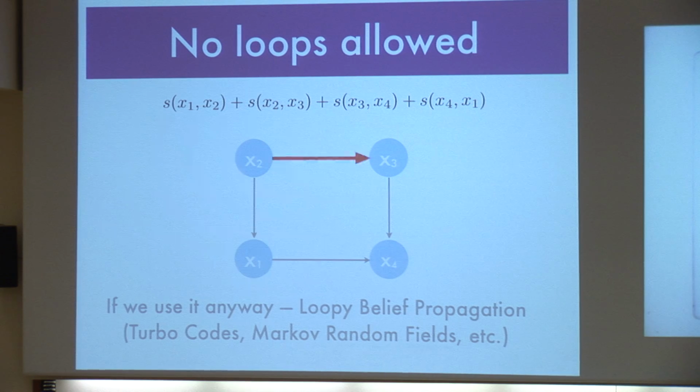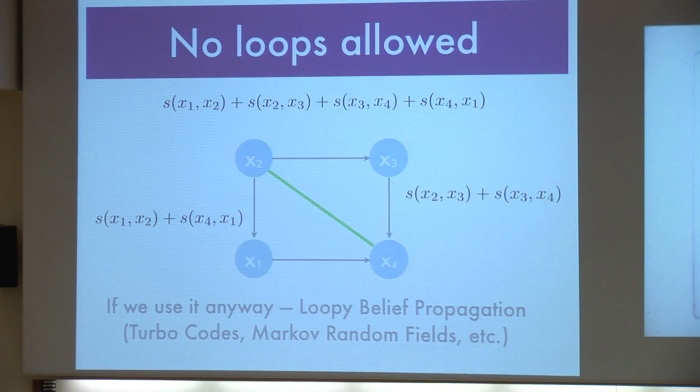So I could just do message passing and go around once, and then I get circular reasoning. So I shouldn't be doing that. Instead, what you can do is define new potentials that turn things into a junction tree. Let me show you a little bit how to do that in general.